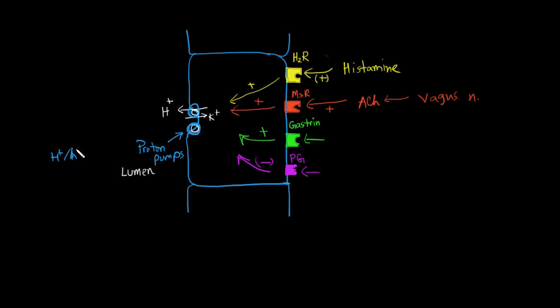Different drugs have been developed to target different areas of hydrochloric acid secretion. For example, the proton pump inhibitors like omeprazole, esomeprazole, and pantoprazole all target this proton pump. They irreversibly inhibit the proton pump so that hydrochloric acid secretion will be stopped.